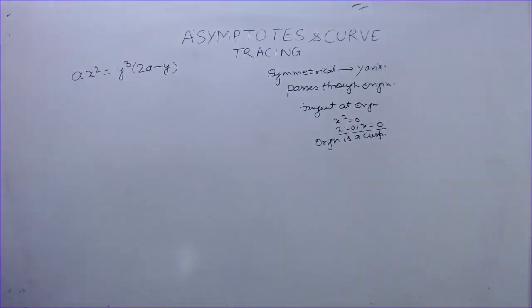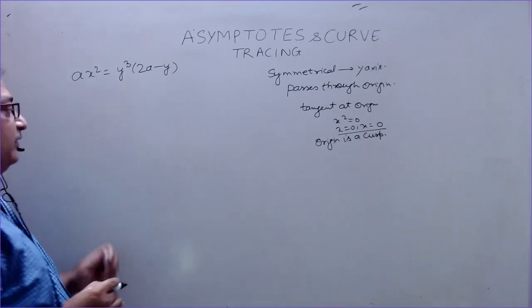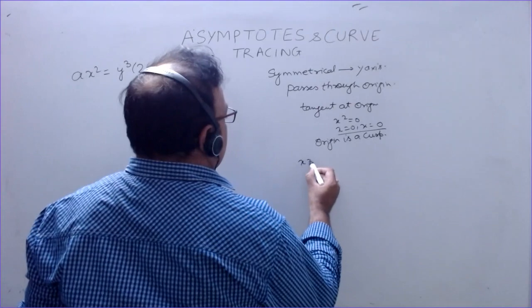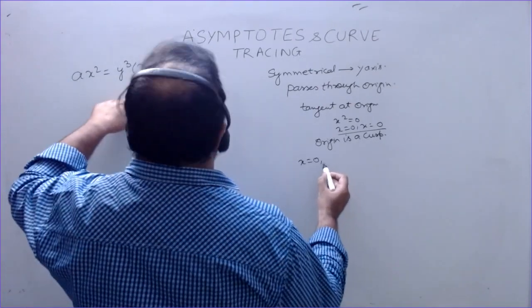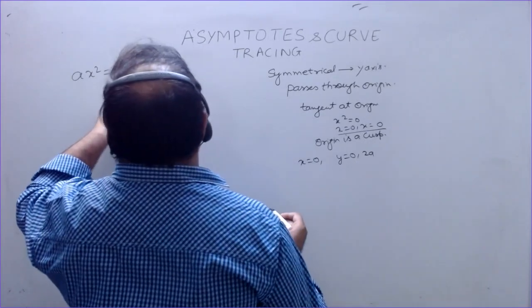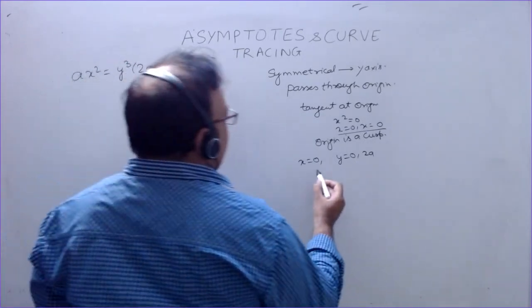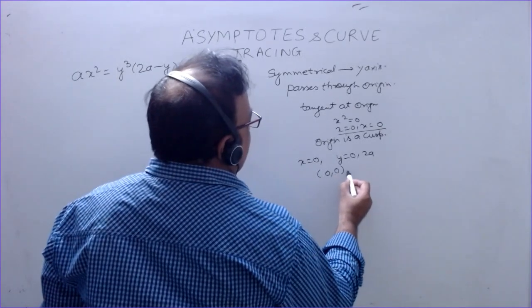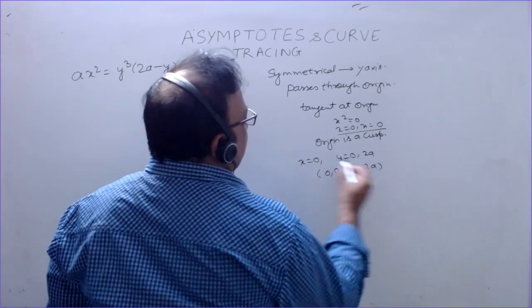After this, we have to find where the curve is meeting the axis. So the curve meets the axis if you put x equal to 0. Then y is 0 and 2a. So it is meeting the axis at 0, 0 and 0, 2a.